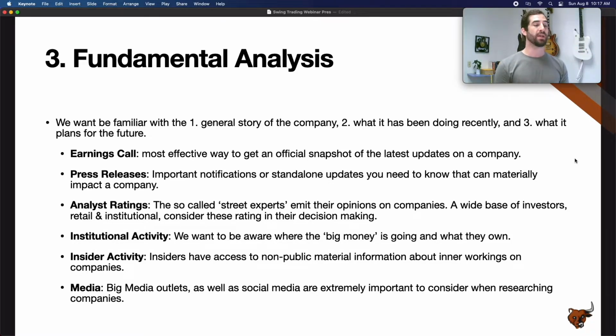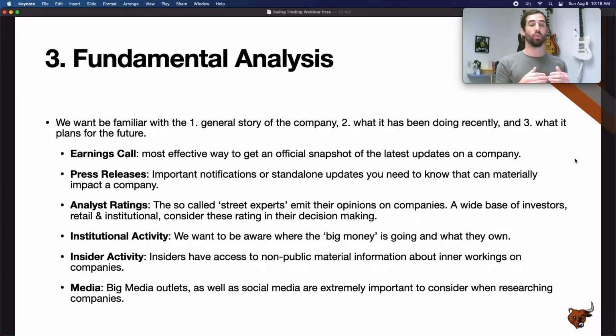Okay. Likewise, if you see institutions that are just dumping your stock, this is going to raise a red flag. And perhaps it will be the case that institutions are dumping and you still want to take the trade, and that's okay. But the important part here is that you are aware of what these institutions are doing specifically, because it could have an impact.